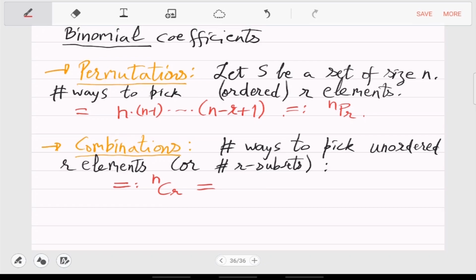So you do what you did before, right, this n, n minus 1, dot dot, n minus r plus 1, but then since you want to remove the order consideration, for an R tuple, how many ways are there to permute?